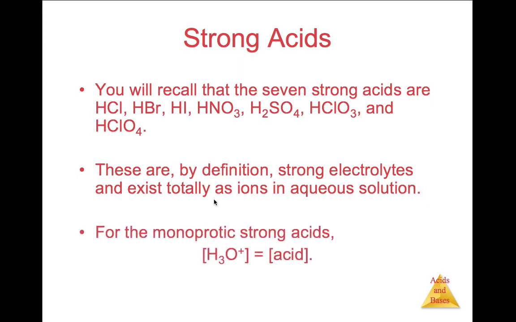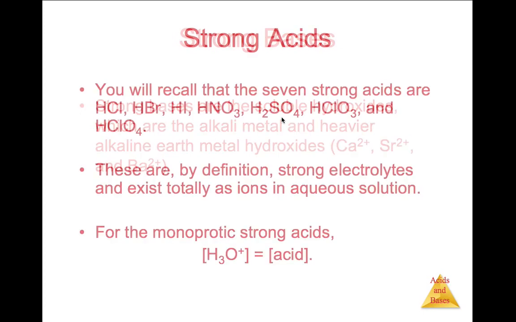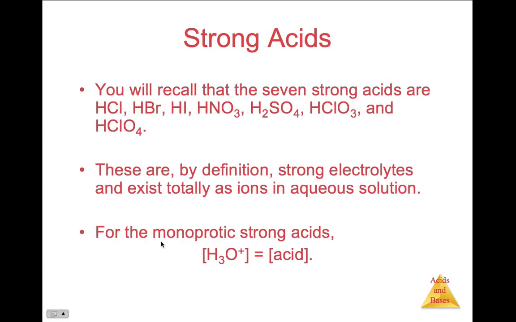For monoprotic strong acids, the H3O plus ion concentration is equal to the concentration of the acid, because when they dissociate, this H3O plus is the concentration that was this acid over here. Oh, by the way, let's go back here just one second. This is a strange word, monoprotic. The prefix mono means one, and protic here means proton.